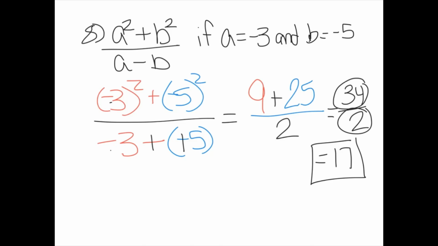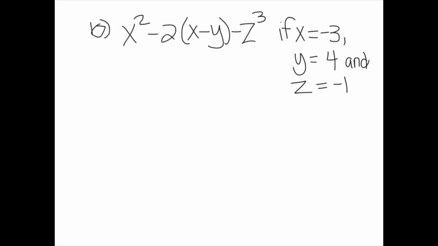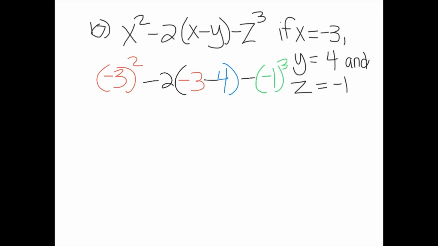I think I skipped one. Yep, I did. Number 10: x squared. x is negative 3, so negative 3 squared, minus 2 times x again, minus y, where y is 4, minus z to the third power. z is negative 1, so negative 1 cubed. Negative 3 squared is positive 9.